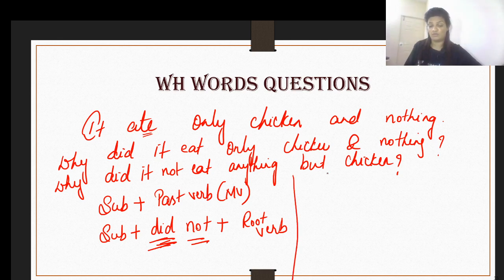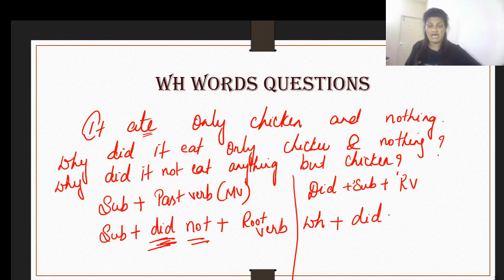Even when you are framing the yes and no questions, the sentence structure goes like this: did, subject, and root verb. When you are framing the question, WH word, and then did, and soon after that, subject.